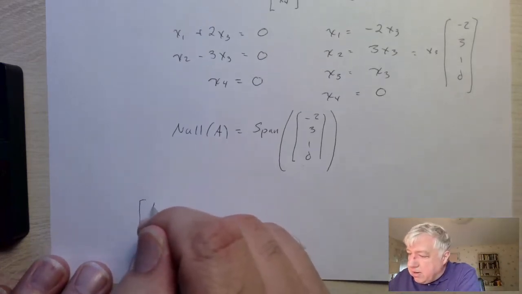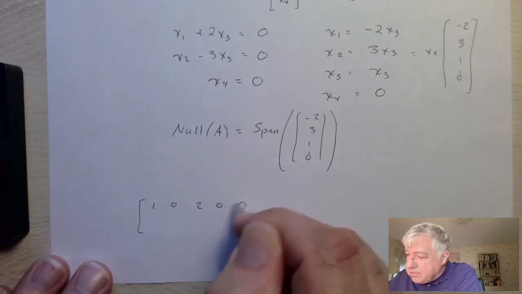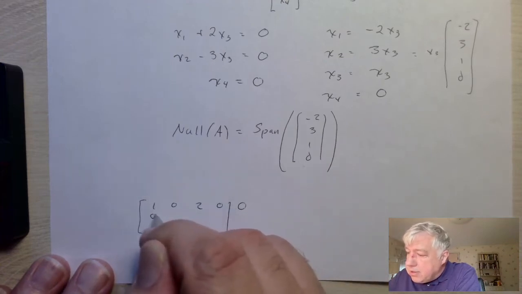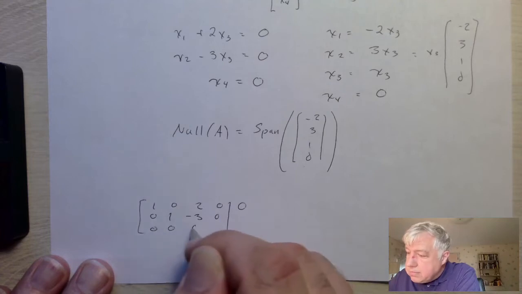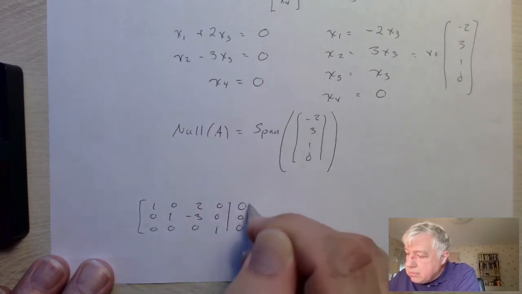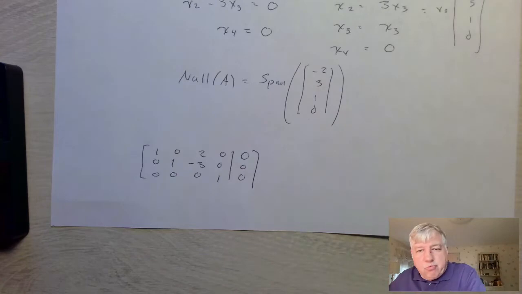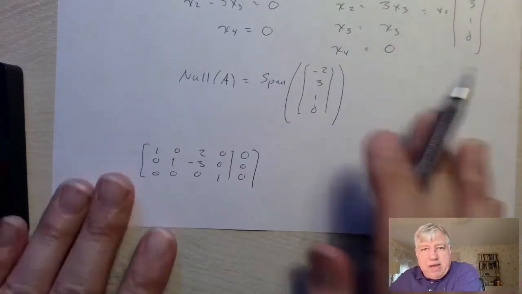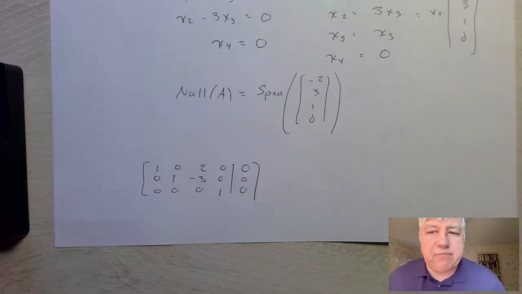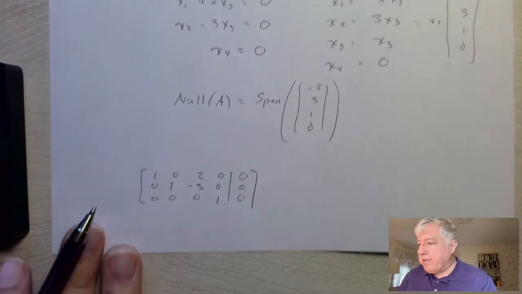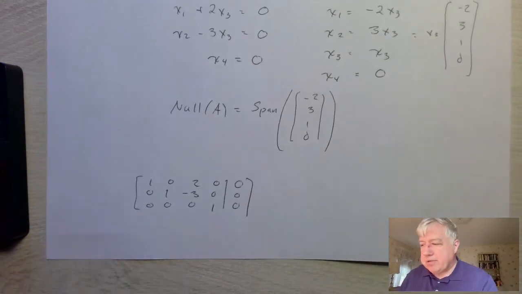Before, we just wrote this as this, and we could do reduced row echelon form and get the same answer. So finding the null space isn't that much different than what we've done previously. We just have a different notation for it.